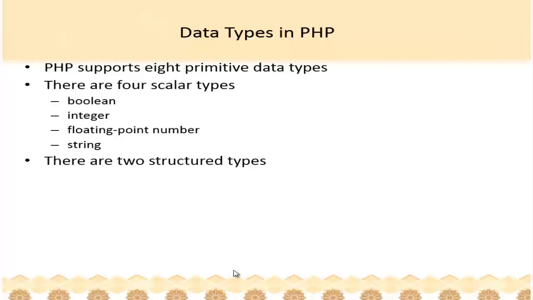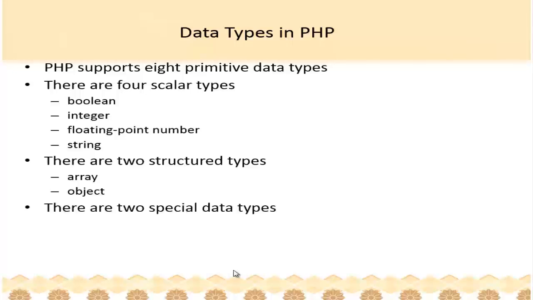Then we have the structured types. The structured types include arrays, which is a structured collection of items. We have objects, which is from the object-oriented side. And the last ones are two special data types. One is the resource, which points to any other resource.